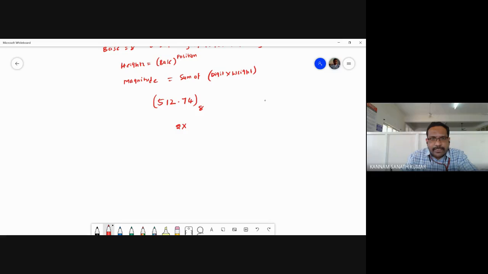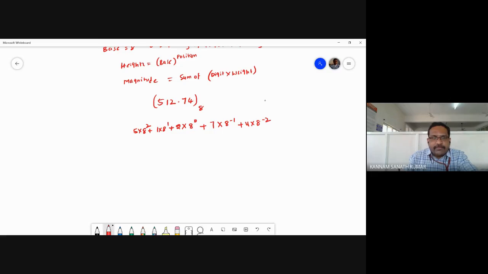The base is 8. This is the units place, power 0, plus 1 into 8 power 1 plus 5 into 8 power 2. Plus in the fraction, 7 into 8 power minus 1 plus 4 into 8 power minus 2.